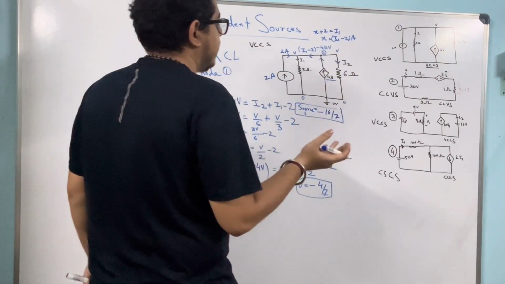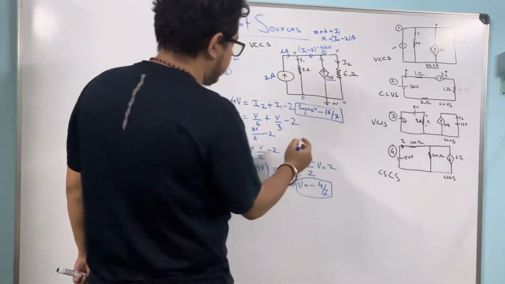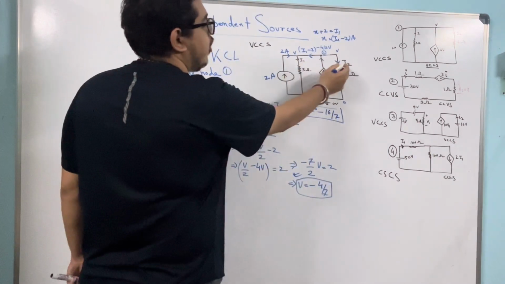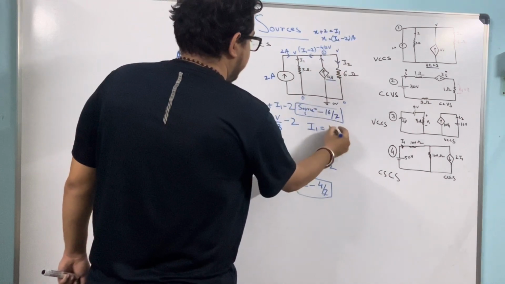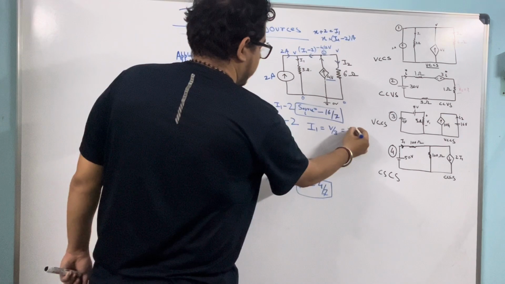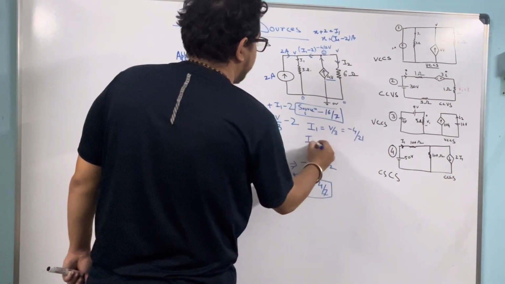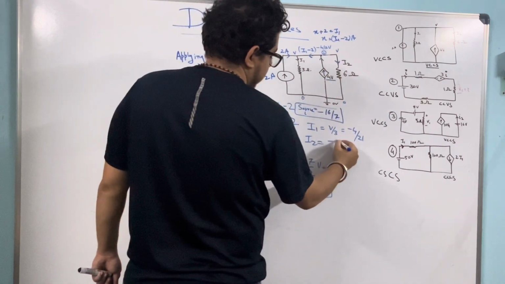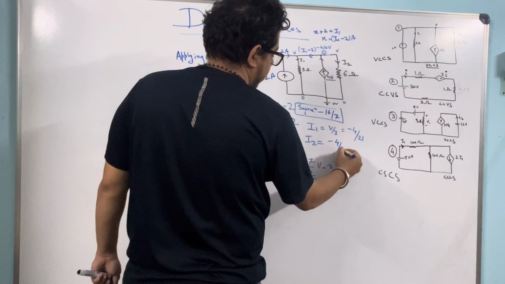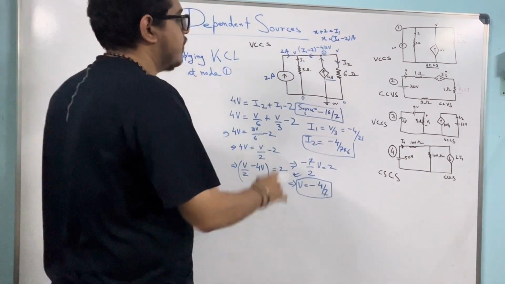When I know V, I can also find out I1 and I2, because I1 will be nothing but V by 3, equal to minus 4 by 21, okay. And I2 will be nothing but V by 6, so V is minus 4 by 7 into 6, okay. So we can solve all the things if we find it like that.